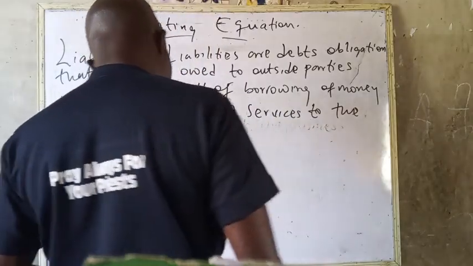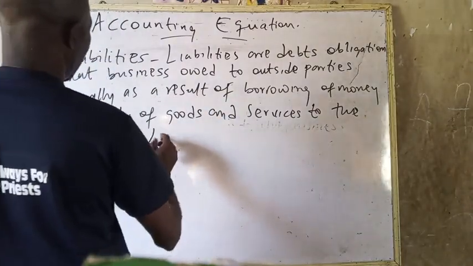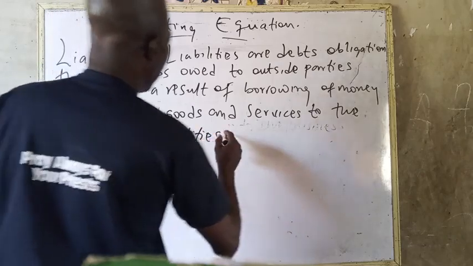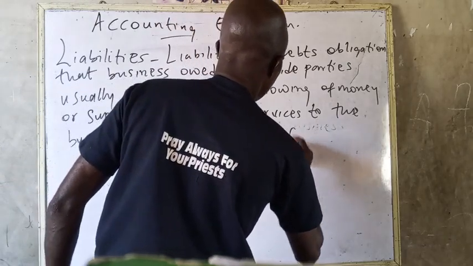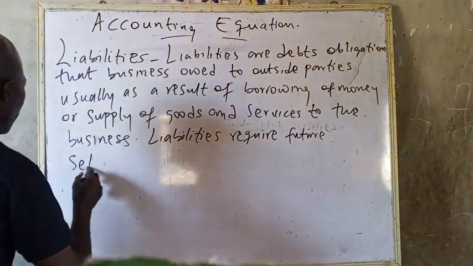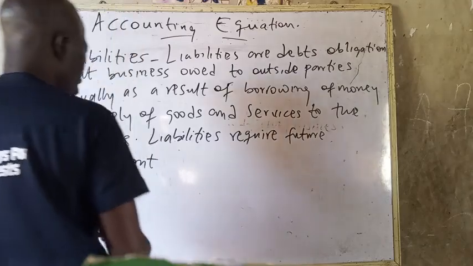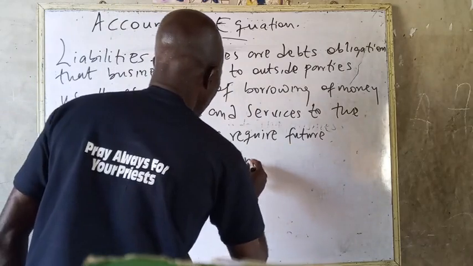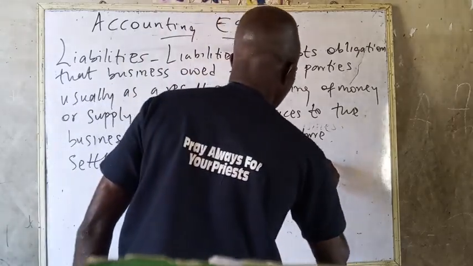They require future settlement. Liabilities require future settlement, usually in the form of cash.